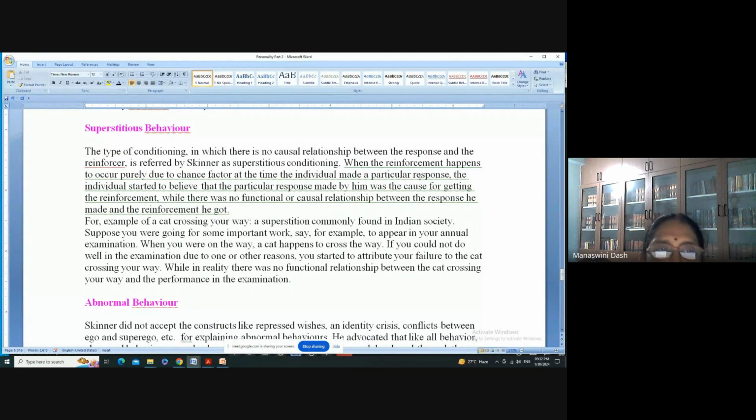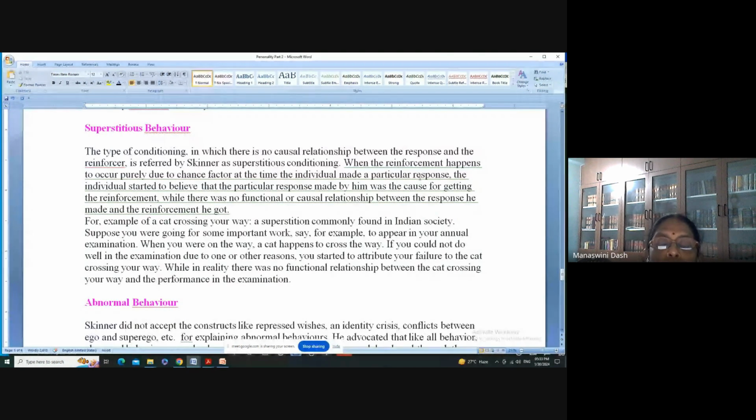When the reinforcement happens to occur purely due to chance factor, at the time the individual made a particular response, the individual started to believe that the particular response made by him was the cause for getting the reinforcement. While there was no functional or causal relationship between the response he made and the reinforcement he got.